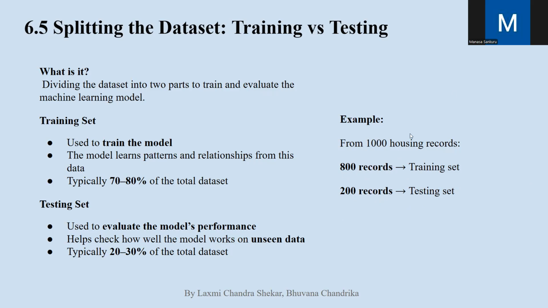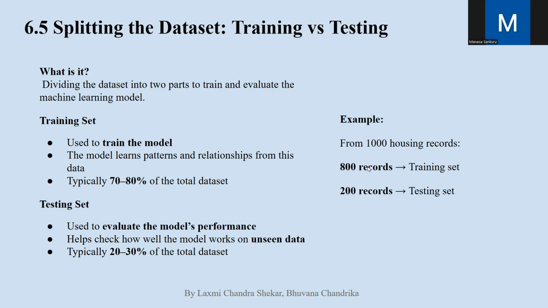This is an example for you. What is it? Dividing the data set into two parts to train and evaluate. Evaluate in the sense, test the machine learning model. I mean, 800 records are going to be put into that algorithm, all those features, whatever it is.